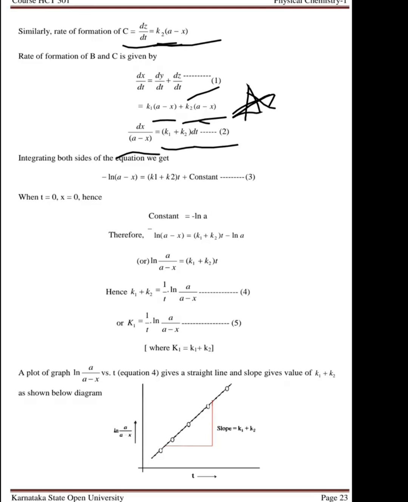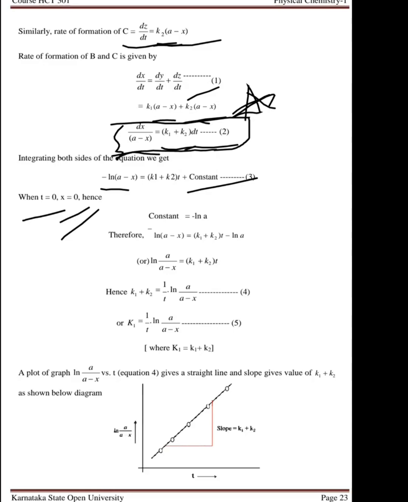By integrating equation 2, we'll get minus ln of A minus X equals K1 plus K2 into t plus a constant. So we are going to keep time 0 and the concentration x is 0.